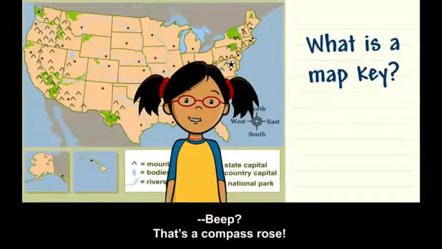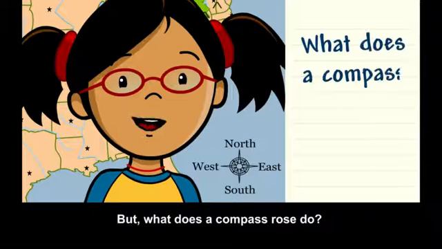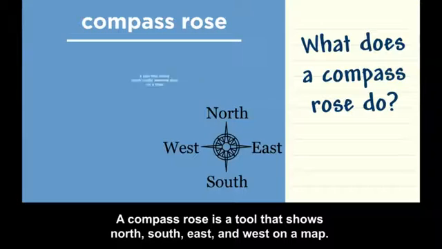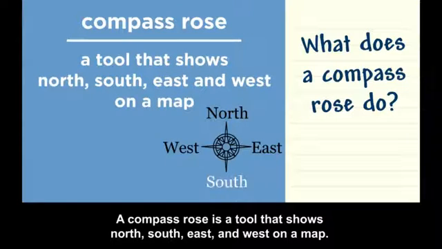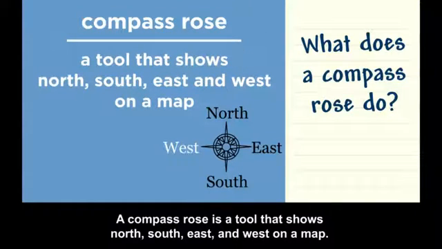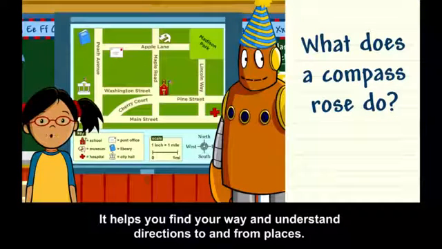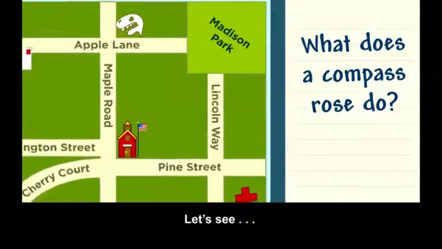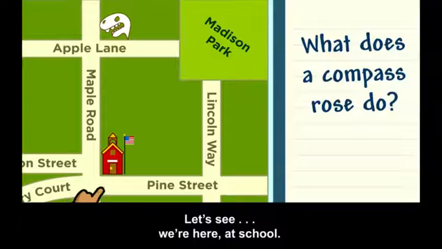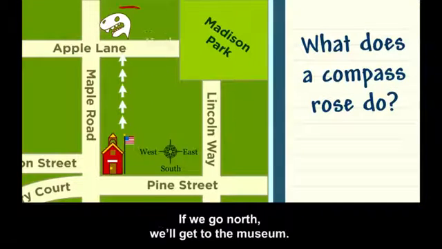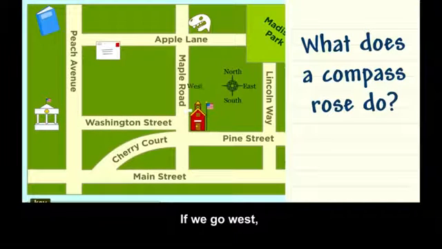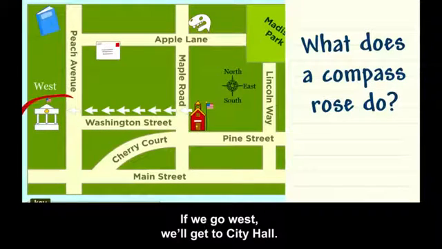That's a compass rose. But what does a compass rose do? A compass rose is a tool that shows north, south, east, and west on a map. It helps you find your way and understand directions to and from places. Let's see. We're here at school. If we go north, we'll get to the museum. If we go west, we'll get to City Hall.